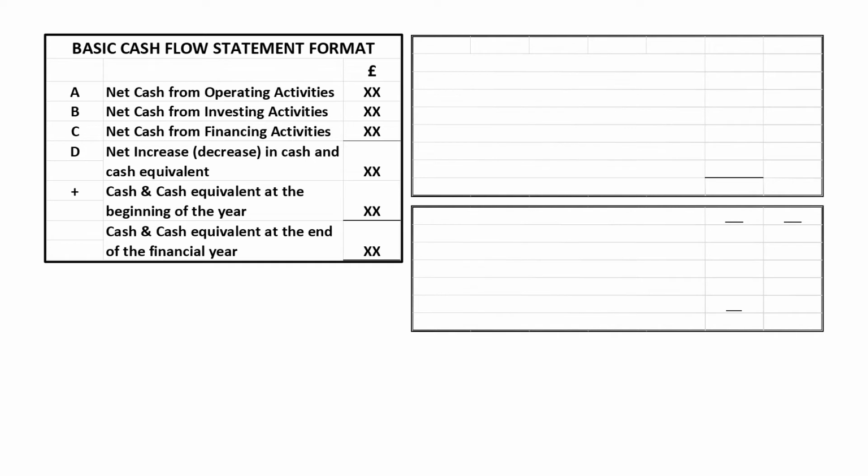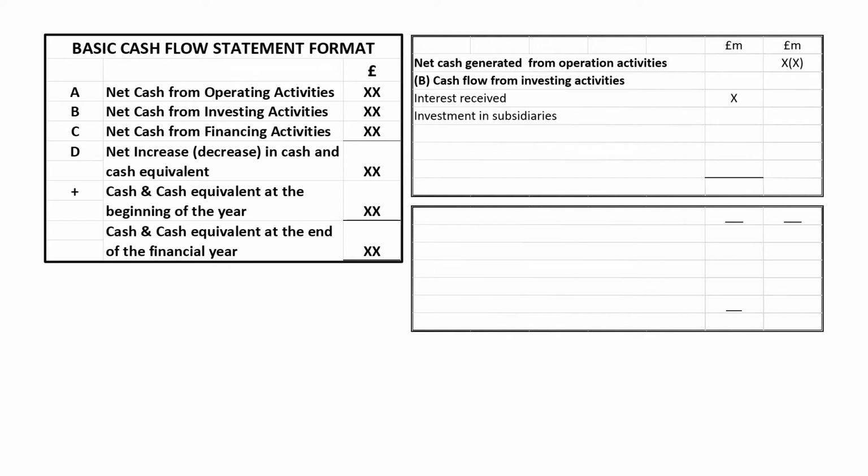In this slide, we will look at the net cash from investing activities and the net cash from financing activities. The cash flow from investing activities, interest received, this is a cash inflow. Investment in subsidiaries, this is the actual cash consideration paid for the acquisition of subsidiaries. This is a cash outflow.